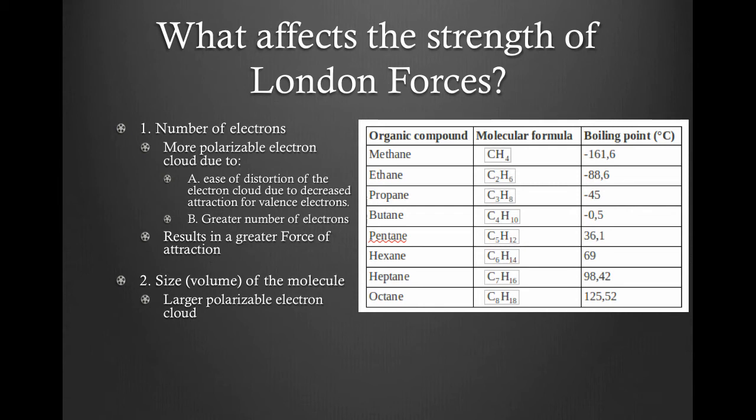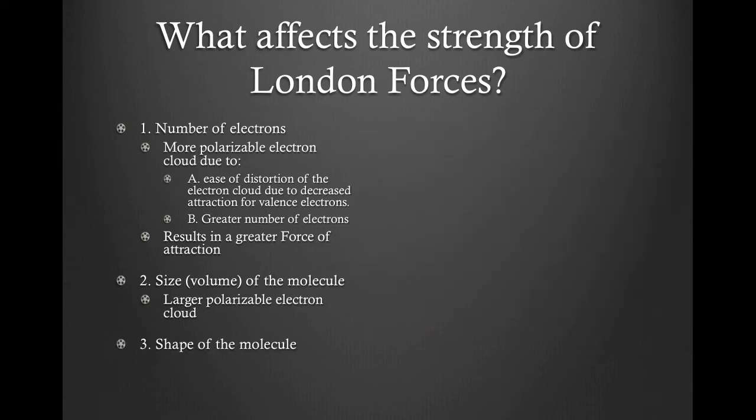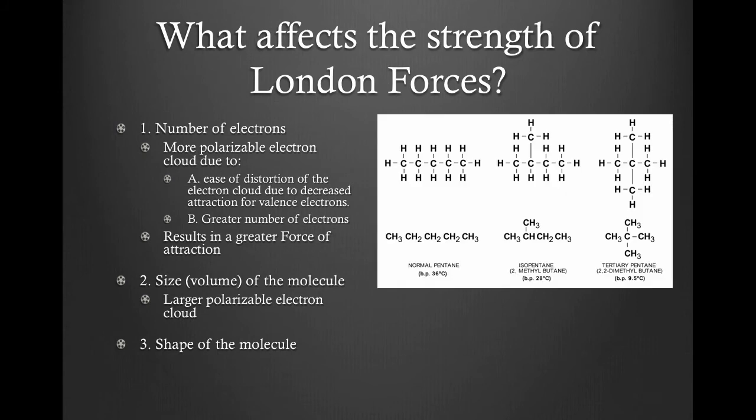But if I look at octane, which has 8 carbons, a much larger molecule with a much larger polarizable electron cloud, it has a boiling point of 125.52 degrees Celsius, which means that the London force is much greater with an increased number of carbons and more electrons.